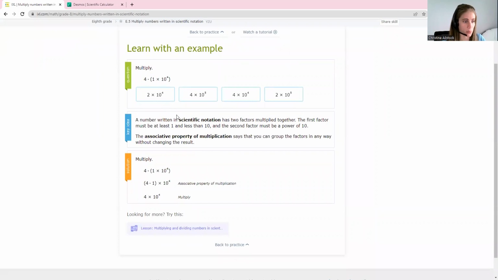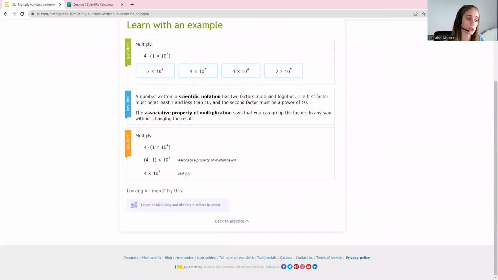So when we have a number like that, our associative property of multiplication tells us that we can group those factors together in any which way. Therefore, we can group together our coefficients and multiply those, and then separately, we can group together any of the notation parts, so anything that has a base of 10, and use the properties of exponents to multiply those.